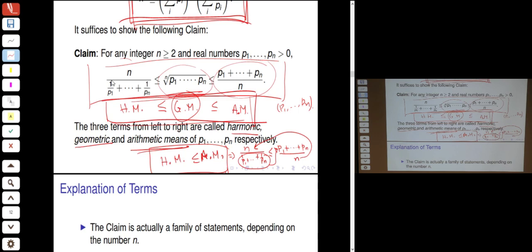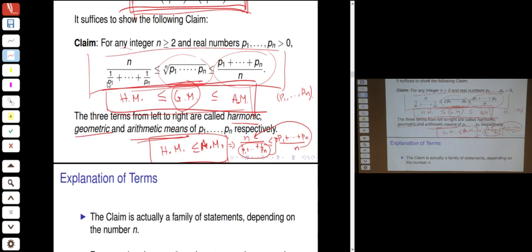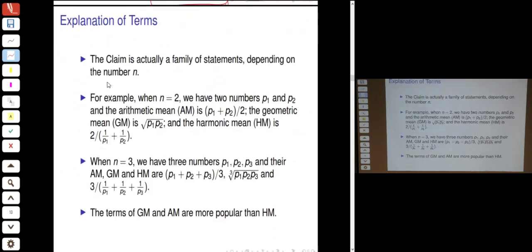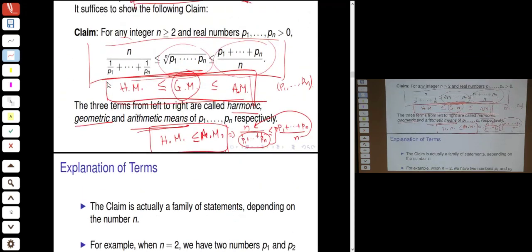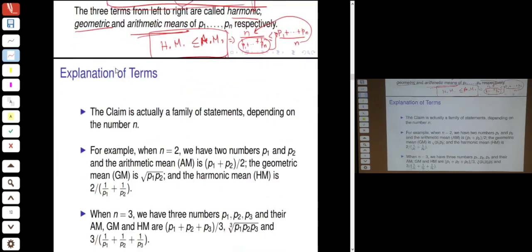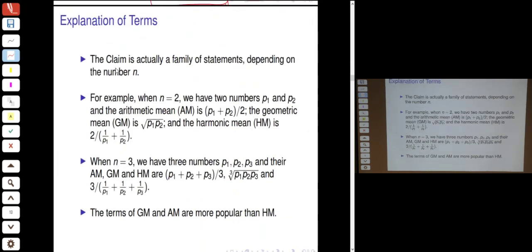For example, here. So let us try to see. The claim is that this inequality is true for all n. So this inequality depends not only on the p_i's but also on n, and the claim is that this inequality holds for all n bigger than or equal to 2 and all real numbers which are positive. In particular, you can think of it as a sequence of statements for every fixed n.